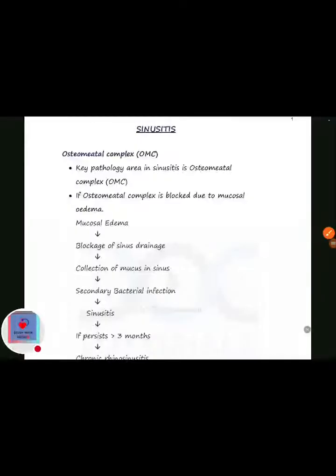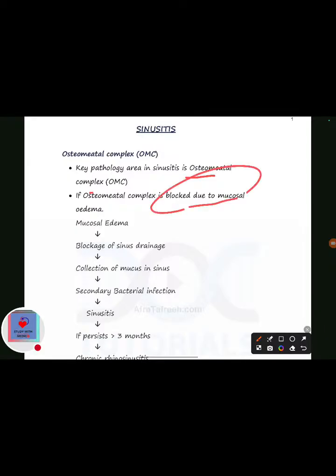Finally, coming to sinusitis. The key pathology area in sinusitis is the osteomeatal complex. It is blocked due to mucosal edema, causing blockage of sinus drainage.